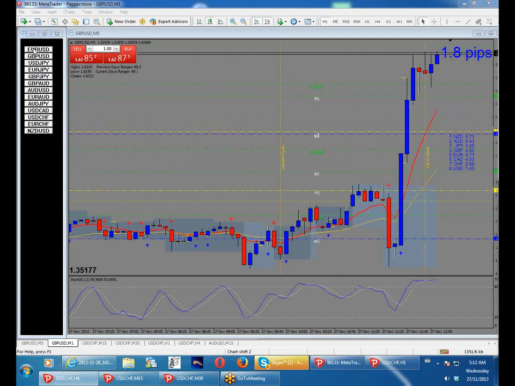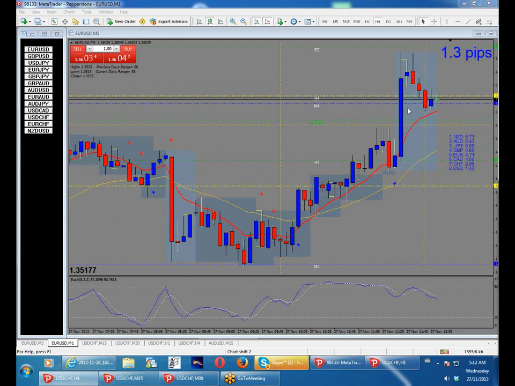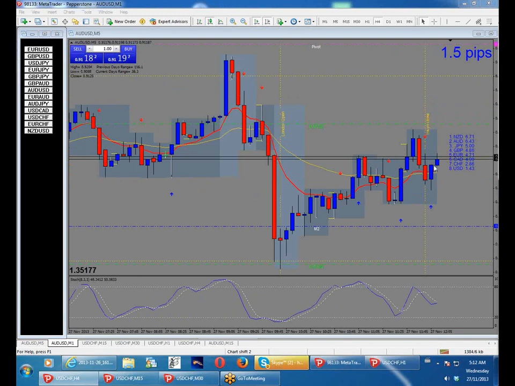We have an inside bar on the EU forming. Still have 3 minutes to go though. Just had a long signal on the Aussie dollar. Yep, it's with trend. You should be in profit on your dollar yen break.